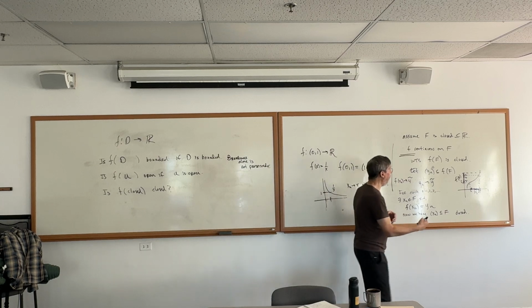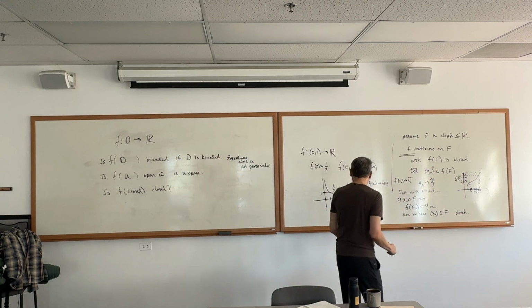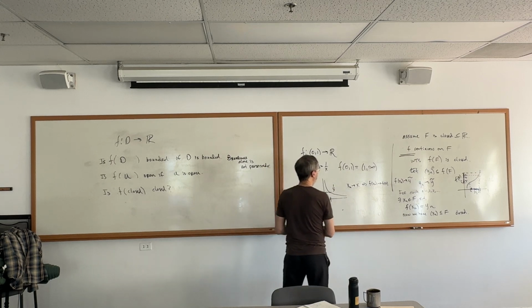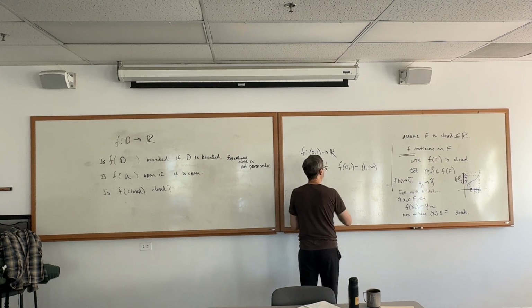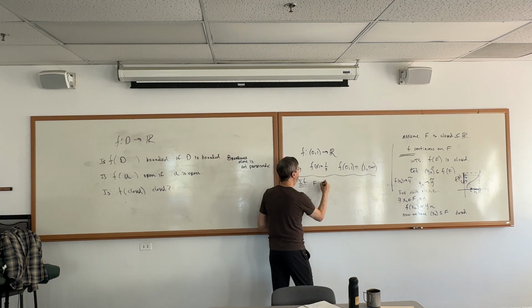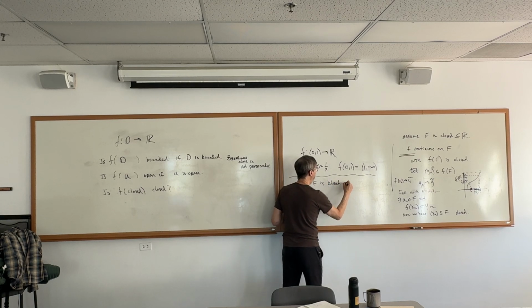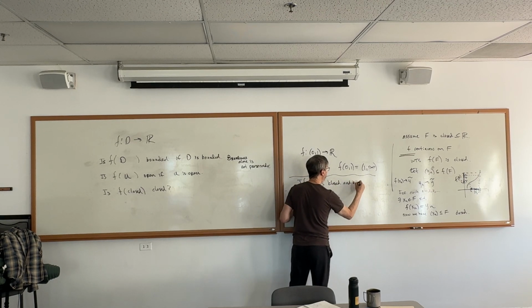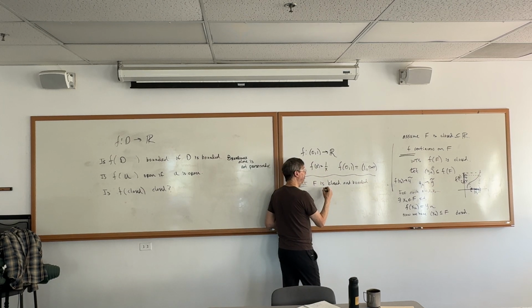So if I also know that f is bounded, and I've got a sequence of points in it, let's just talk this through here. If f is closed and bounded, what's another word for that? Compact. Thank you, i.e. compact.